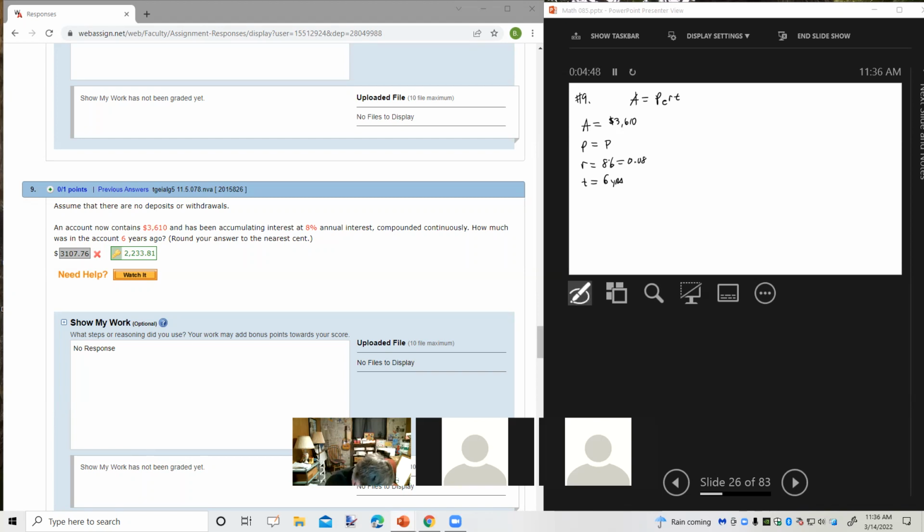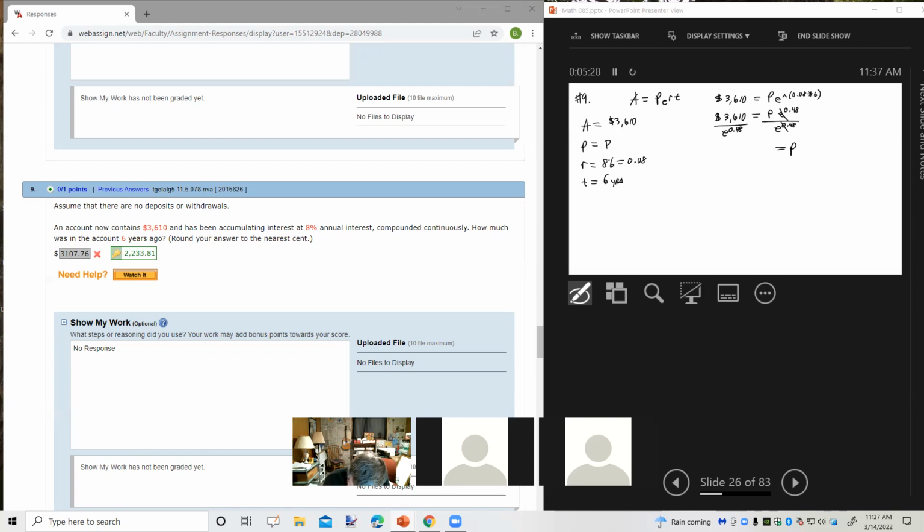No. All right, so 3,610 equals P times e to the 0.08 times 6 years. Because I need to isolate P, I'm going to go ahead and calculate 0.08 times 6. So that's going to be e to the 0.48 power. Then I'm going to divide both sides of the equation by e to the 0.48 power.